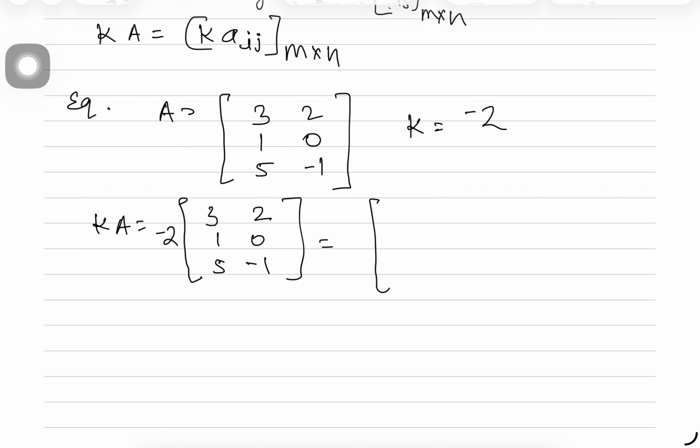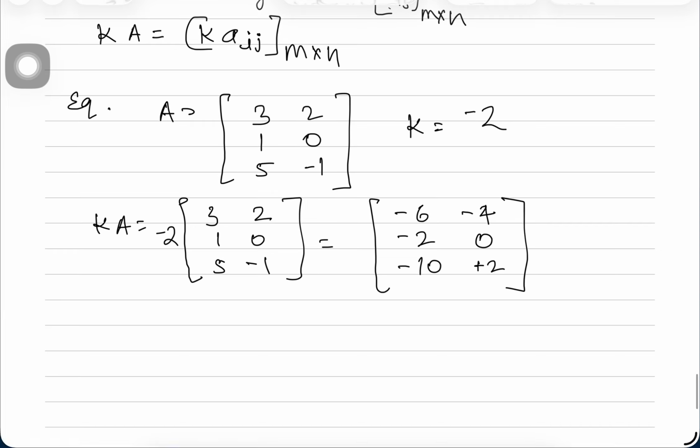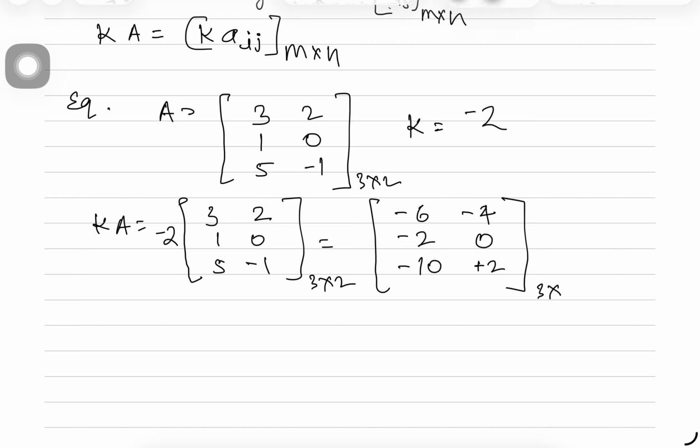You have to multiply each and every element. So minus 2 into 3 is minus 6, minus 4, minus 2, 0, minus 10, and minus 2 into minus 1 is plus 2. There is no issue of the order, as this is 3 cross 2, and the result is 3 cross 2.